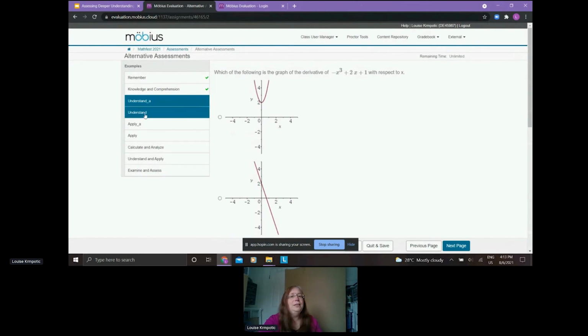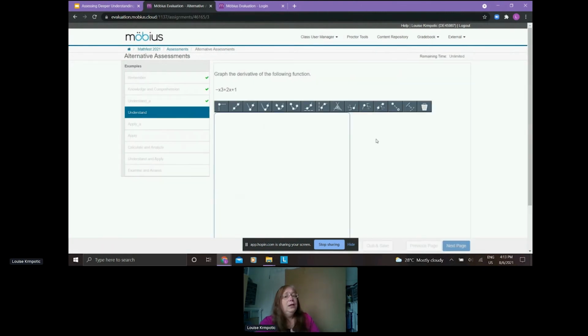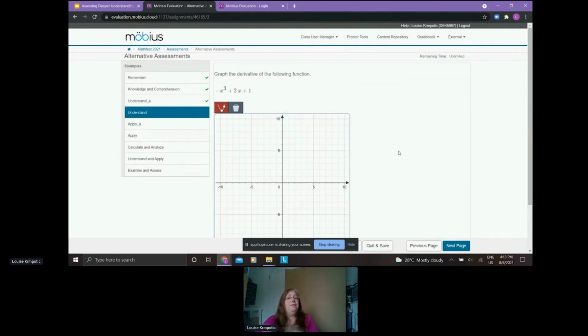So what if we ask that question a little bit differently? Here we have now, graph the derivative of the following function. The student has a blank graph. So now they have to enter in what that expression is. Once they've figured out what it is, they can click on the parabola, put in the vertex, and then put in one additional point.